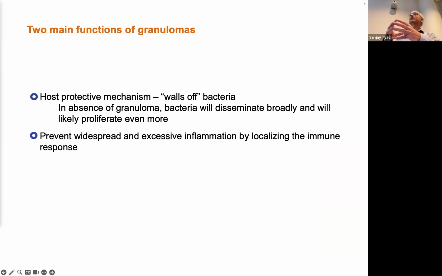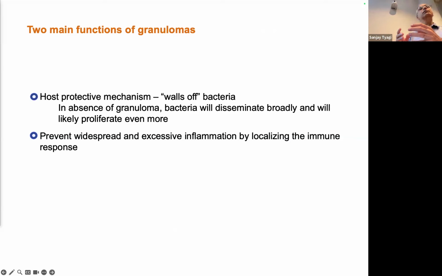And so why is tuberculosis characterized by a granuloma? So granuloma has two main functions. One is to sort of surround and sequester the bacteria, not allow it to disseminate throughout the lung tissue, because if it spreads, it would make the entire tissue sick.